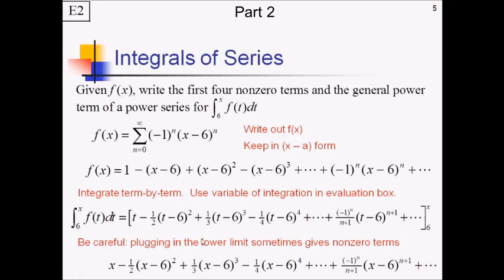But plugging in the lower limit sometimes gives us non-zero terms. For example, if you plug in 6 to this very first term over here, t, you're just going to get 6. So we're going to be subtracting that 6 that you got by plugging 6 in for t. I'm just going to put this minus 6 at the beginning here. The rest of these, again, 6 is going to zero everything else out onto the infiniteth term. So this ends up being our series.